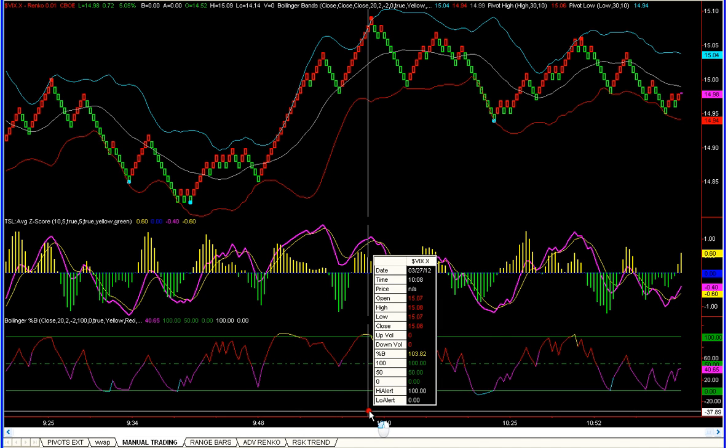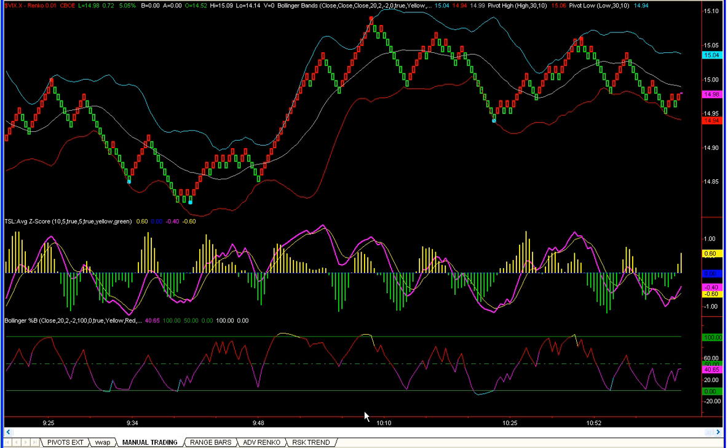Oftentimes those are good points. Okay, just keep that in mind. I'm not using it in any kind of formula. I've just been tracking it just to get an idea as to how well it works. But I like it. It may be useful to you too.